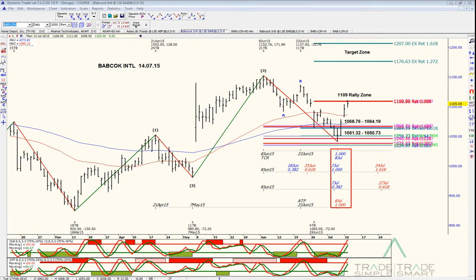So this is the chart of Babcock as of today, the 14th of July, and the first thing we can see is that we have made a considerable rally from our second zone. Towards the end of the video on the 2nd, there were a few factors as to why I believed the correction wasn't over.